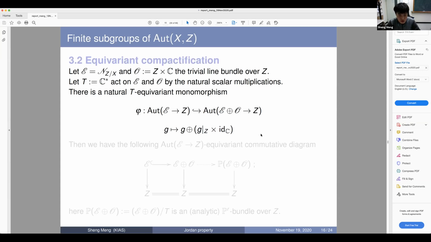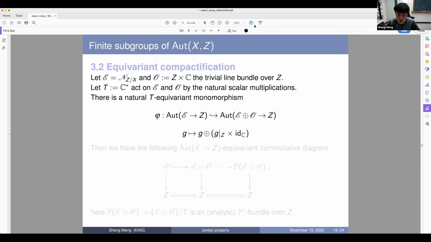Then this is something like the embedding of the general linear group GL_n into PGL_{n+1}.